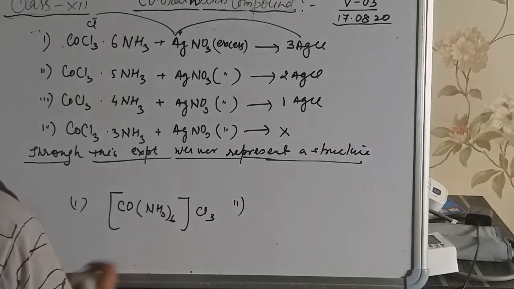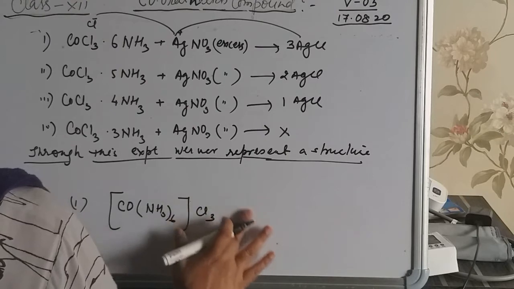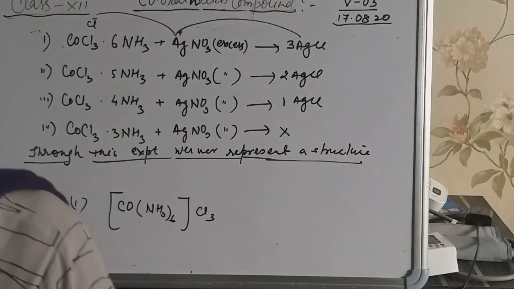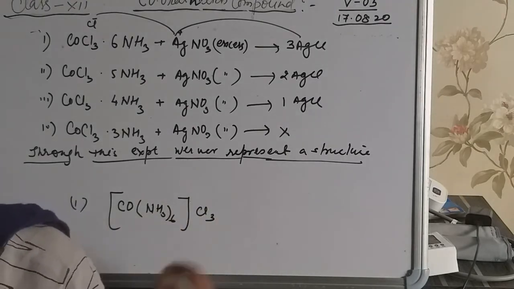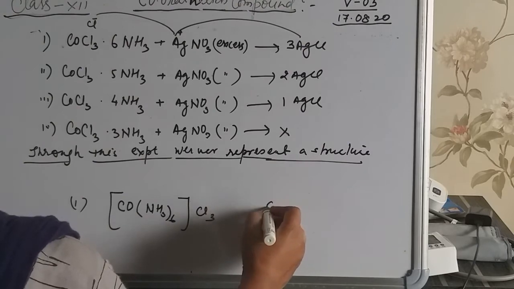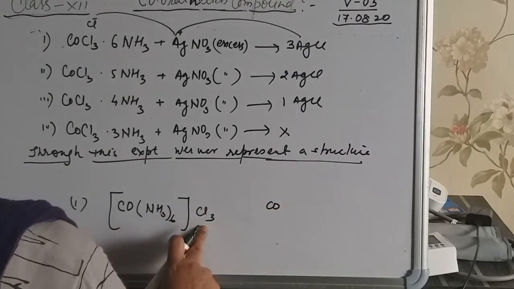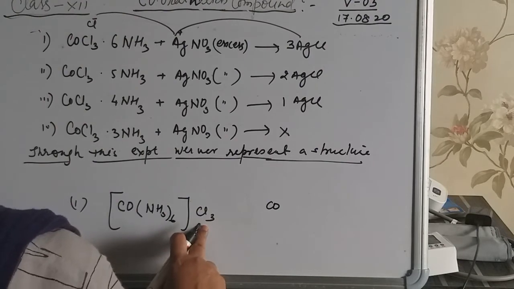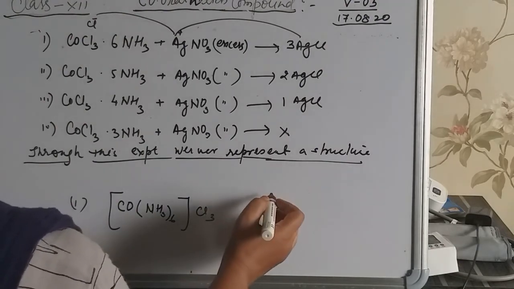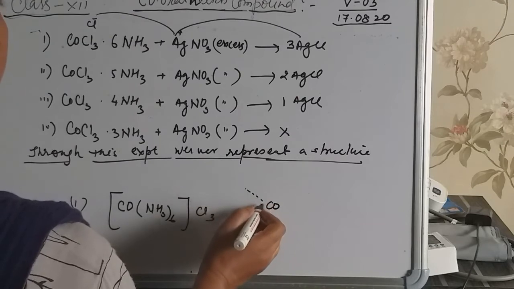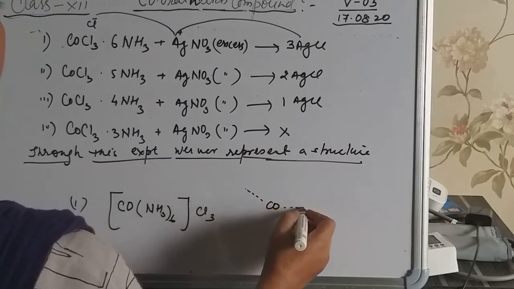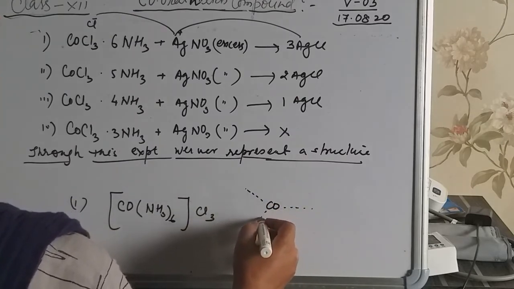Next structure, and how much is satisfied by the primary or secondary valency. So let's see here, cobalt is the central metal atom and 3 primary valencies are present. Suppose one primary valency is here, shown by a dotted line, one here and one here.